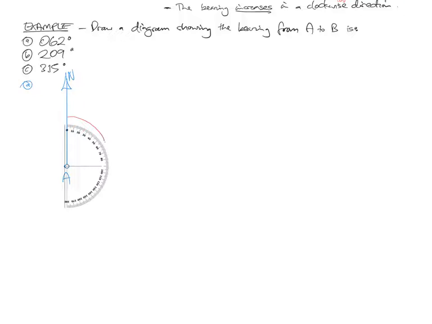That's 60 there. 62 is going to be 2 markings more clockwise than 60. So I have my point there. I've marked it on my screen, and now I can draw an arrow from A to the direction where B is lying. Oh, that's not very good.